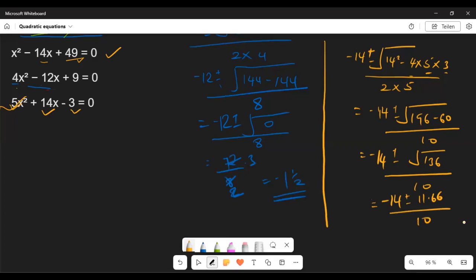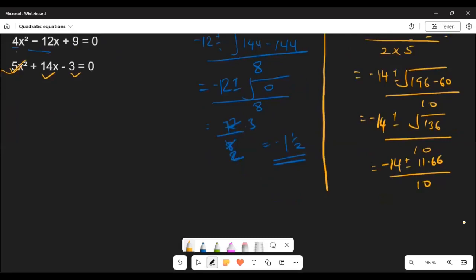In this case, we can say, if we take minus 14 plus 11.66, that's going to be one value of x, and the other value of x will be minus 14 minus 11.66, which gives minus 25.66. Remember, this is still over 10.